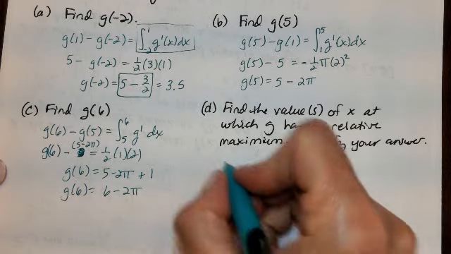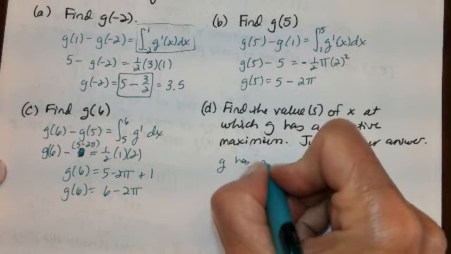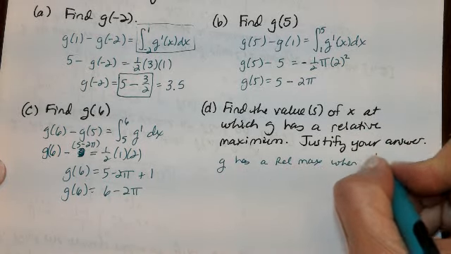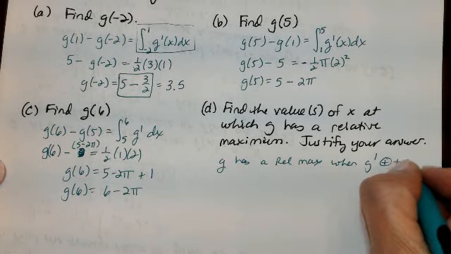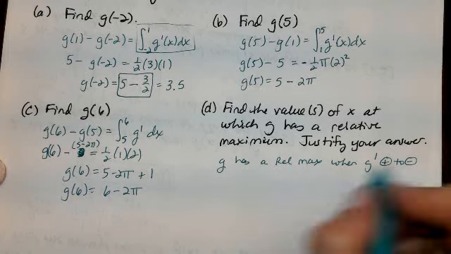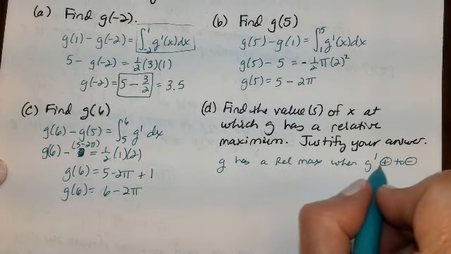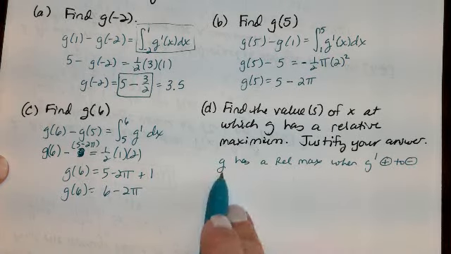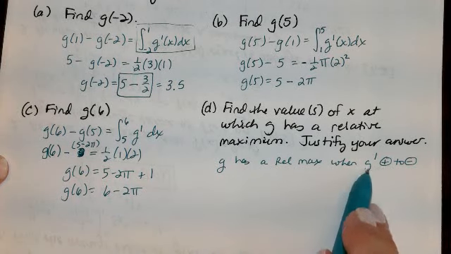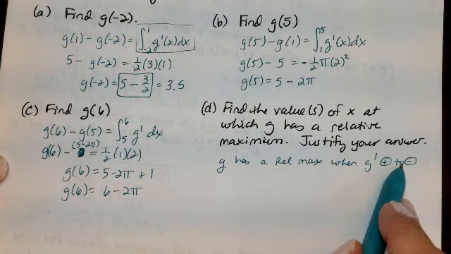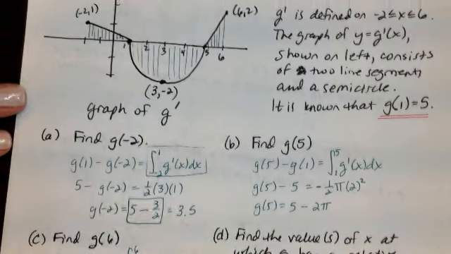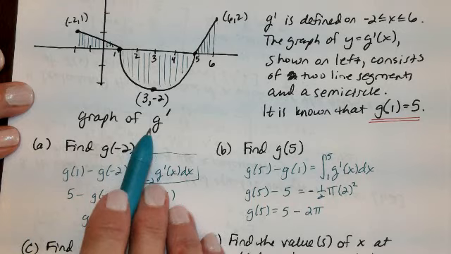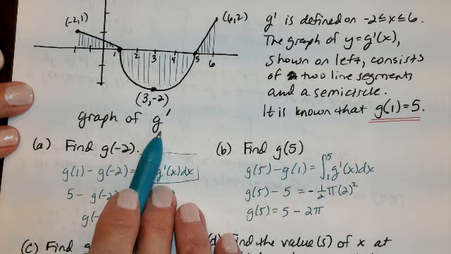Here's my thought process. G has a relative max when G prime goes positive to negative, right? First fundamental theorem. This was the first derivative test. So we have the graph of G prime here. Tell me, where does G prime go from positive to negative?